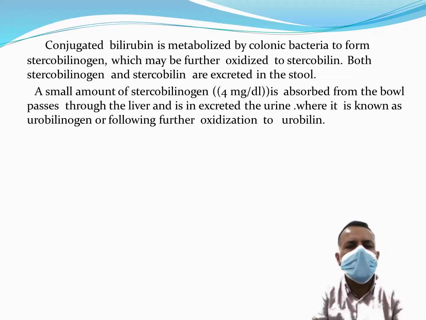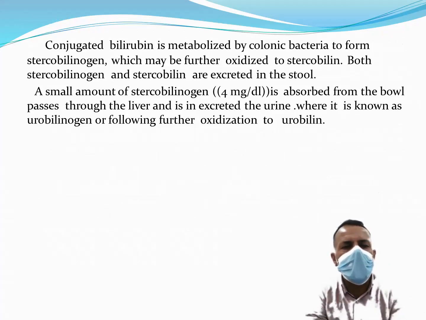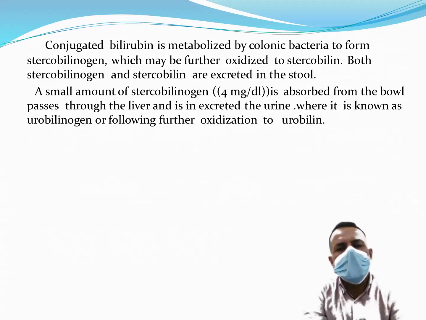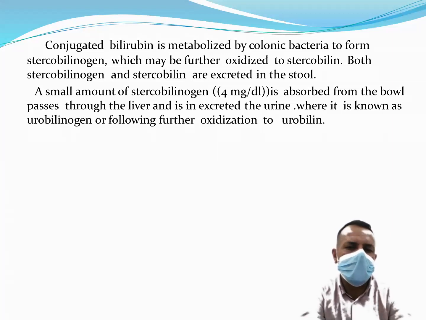The conjugated bilirubin, when it reaches the intestine, is metabolized by the colonic bacteria to form a substance called stercobilinogen, which may be further oxidized to stercobilin. Both are excreted in the stool. So the presence of stercobilinogen and stercobilin in the stool leads to the normal color of stool. The absence of these substances from stool leads to gray, clear, colorless stool.